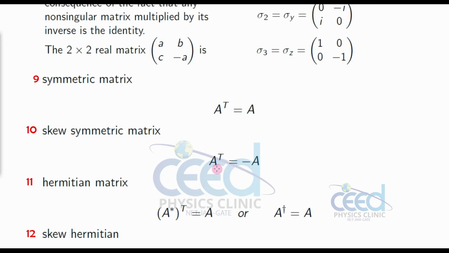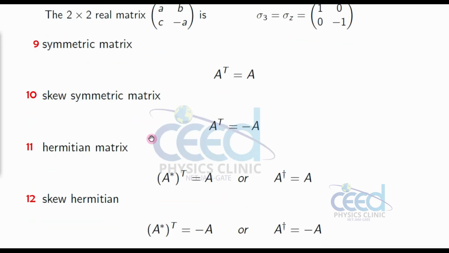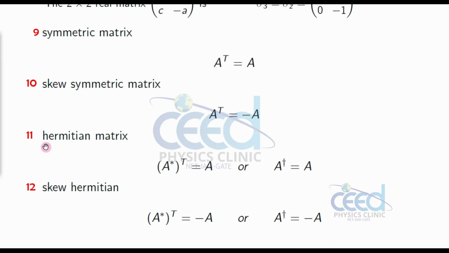That is, we can call it a skew symmetric matrix. Okay. Now what is a Hermitian matrix? Hermitian matrix means, if you have a matrix and you take the conjugate of that, and then take the transpose, you are getting the same matrix.